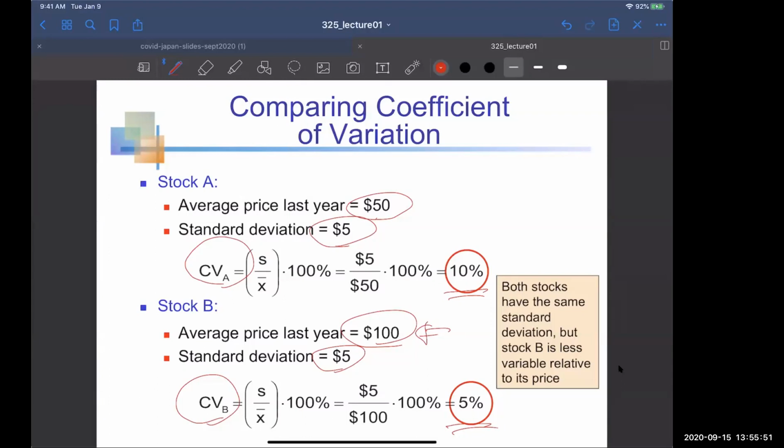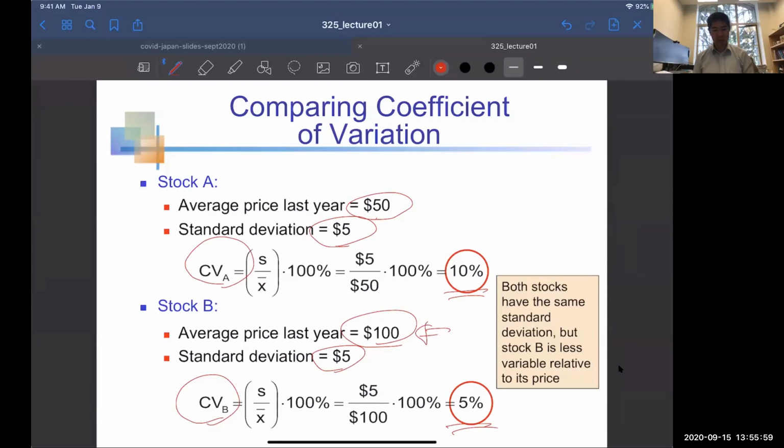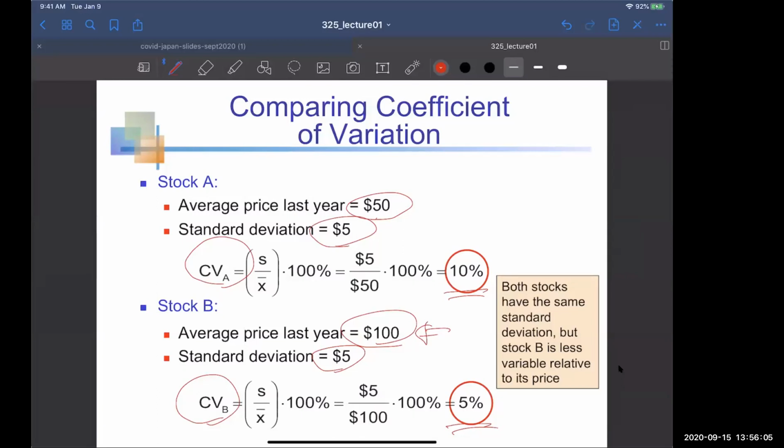So which one is more uncertain? You mean stock A, because it has a higher standard deviation? Right, more uncertain. And more risky, whatever you say, it's a more risky stock. Yeah, more risky. Thank you. Make a note. Risky.